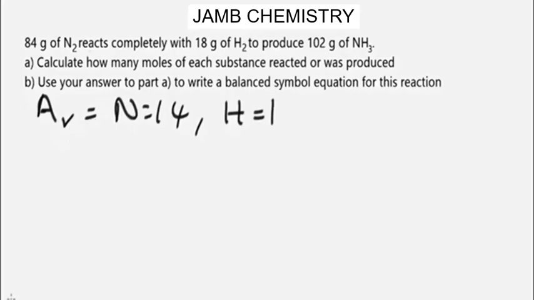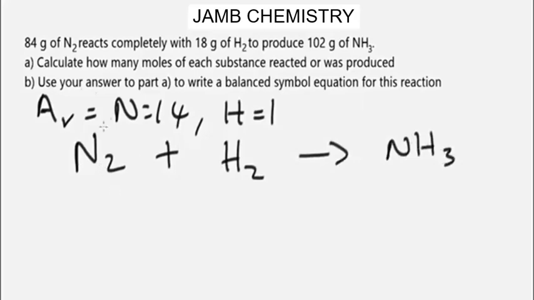Okay, let's do it together. Remember, we're going to use the reacting masses to balance this chemical equation. Firstly, the question says nitrogen gas reacted with hydrogen gas to give ammonia.